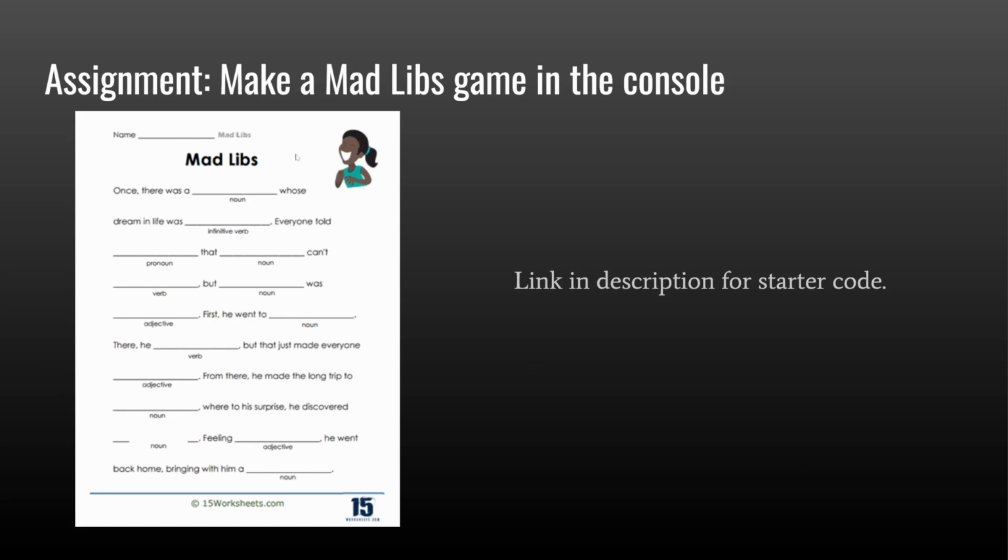And what you're going to do is let the user input the values for several places inside of a story and then print out the whole story for them. So you're going to have all the cin statements so that they could fill out the story. And then at the end, you're going to print it for them.